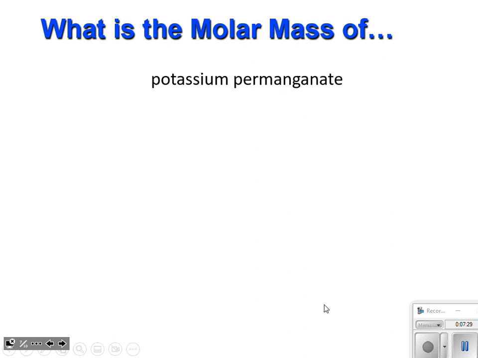Permanganate is MnO4, 1 minus. Well, I know that potassium is an alkali metal, so it's going to have a 1 plus. So my formula for potassium permanganate is KMnO4.